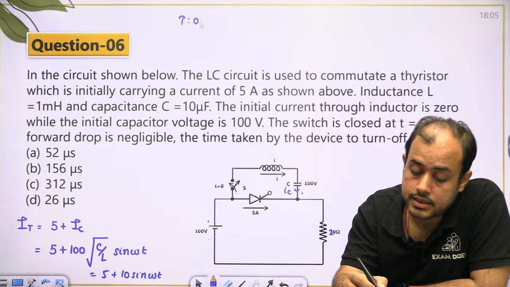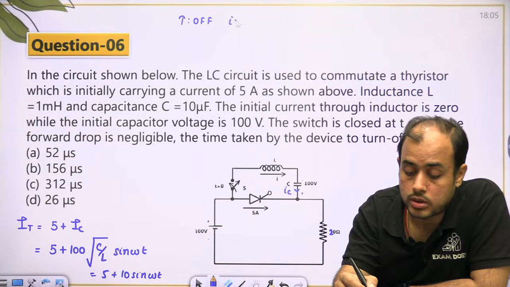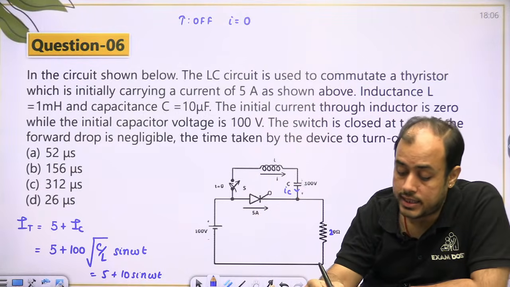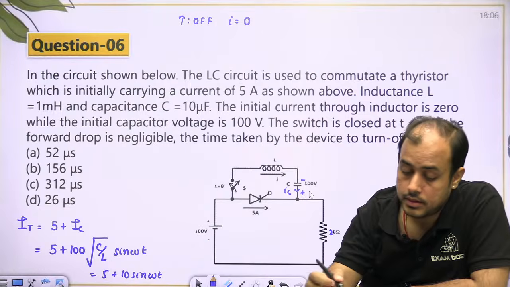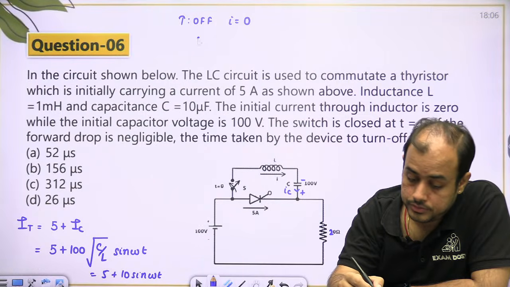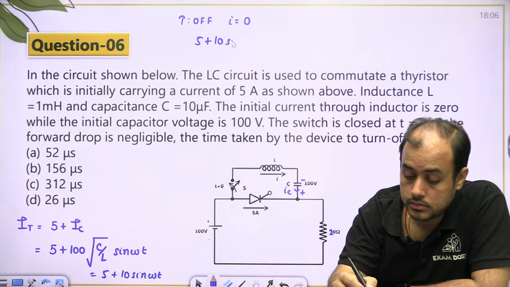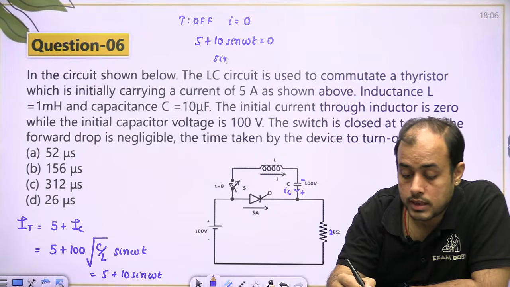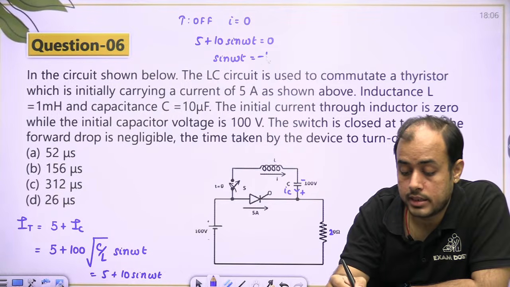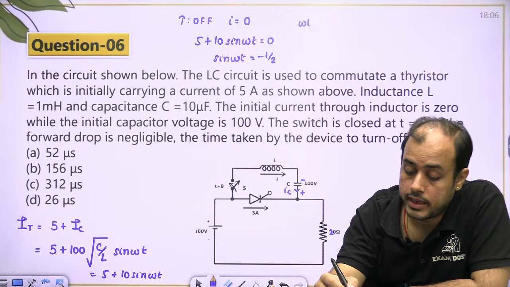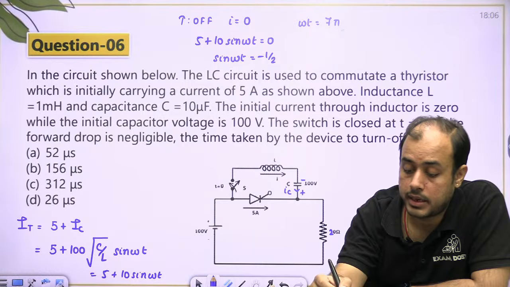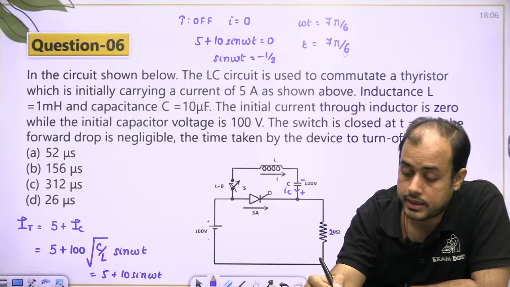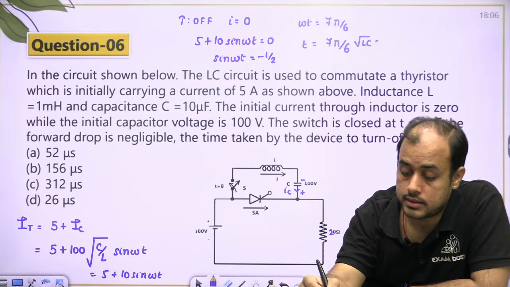Now beta thyristor turns off when the total current is 0. मैंने जो करंट लिया है कैपेसिटर की पोलैरिटी के हिसाब से लिया है. ओके. sin omega t is minus half. Omega t is 7 pi by 6. So time will be 7 pi by 6 root LC.